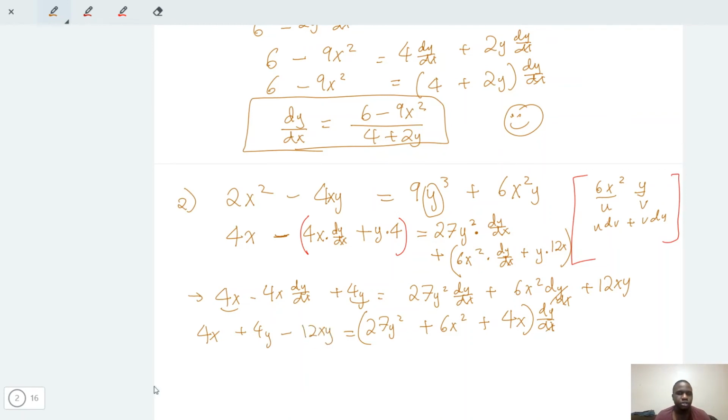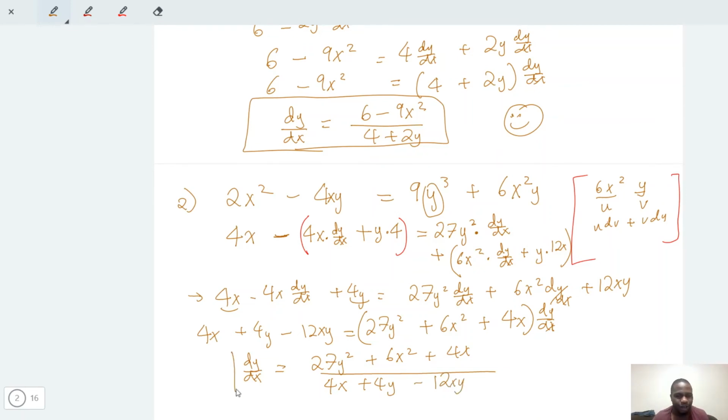So I make dy/dx the subject of the formula. dy/dx is (27y squared plus 6x squared plus 4x) divided by (4x plus 4y minus 12xy).